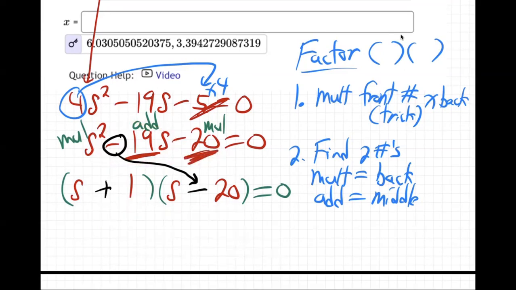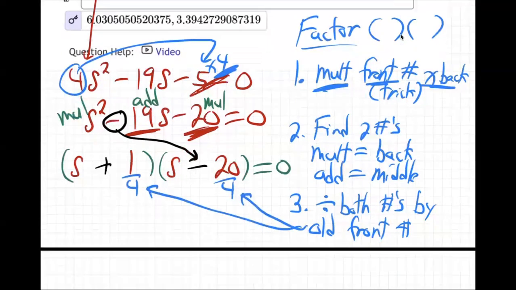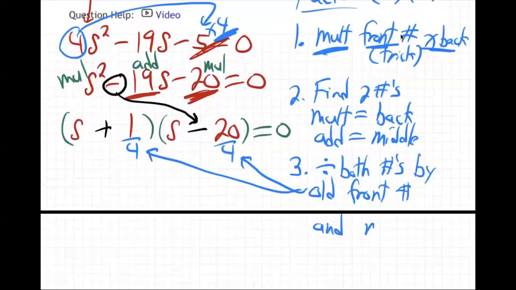Now, step 3: because up on step 1 we multiplied by the front number, now divide both numbers by the old front number. We multiplied by 4, so now I'm going to divide by 4, and reduce any fractions that you can reduce.